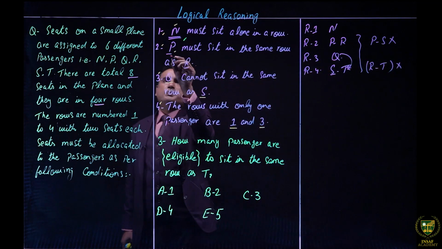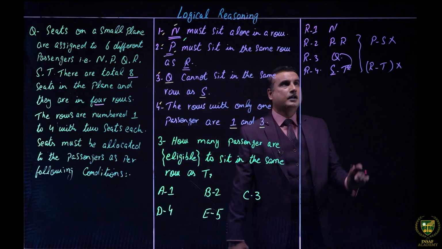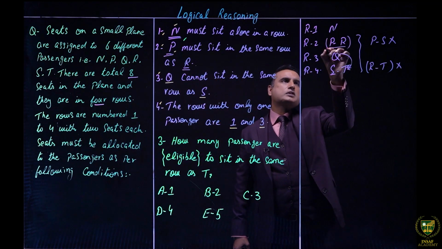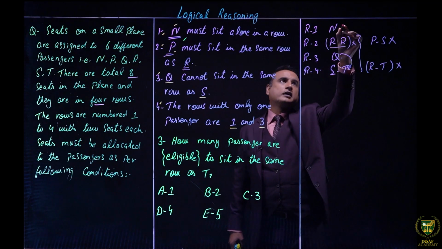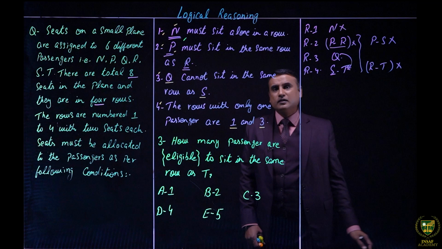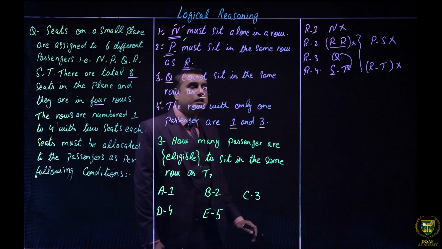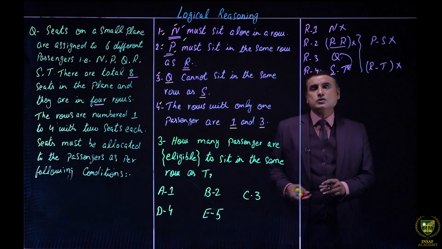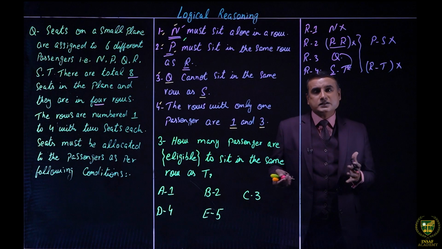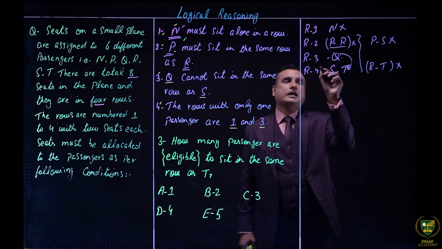Because P must sit in the same row as R. तो P और R में से तो T के साथ कोई नहीं बैठ सकता, N भी T के साथ नहीं बैठ सकता, because we know that N must sit alone. So the only partners or the only passengers T can have with it is either Q or S.